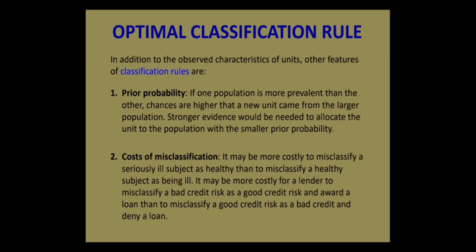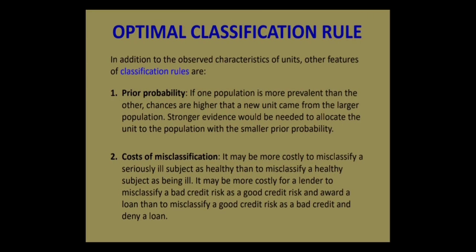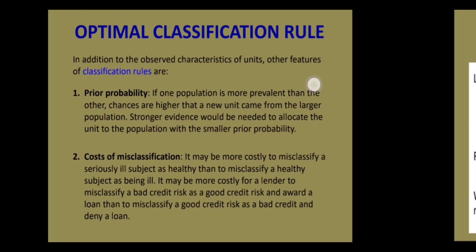Okay, so if this cost of misclassification is large, it will be worse, right? Because of that, the cost of misclassification should be as small as possible. So using the optimal classification formula later, we will avoid this, or we will optimize the classification rule.